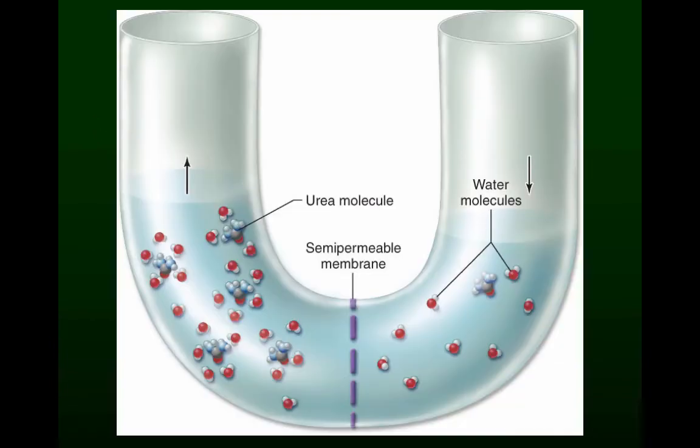Now, another thing to think about here is what kinds of cells like different kinds of environments. If we look at a plant cell versus an animal cell versus other kinds of organisms, the general rule of thumb is that anything that has a cell wall likes to be in a hypotonic environment. Things that have cell walls like to be hypertonic to their environment, and therefore the environment is hypotonic.